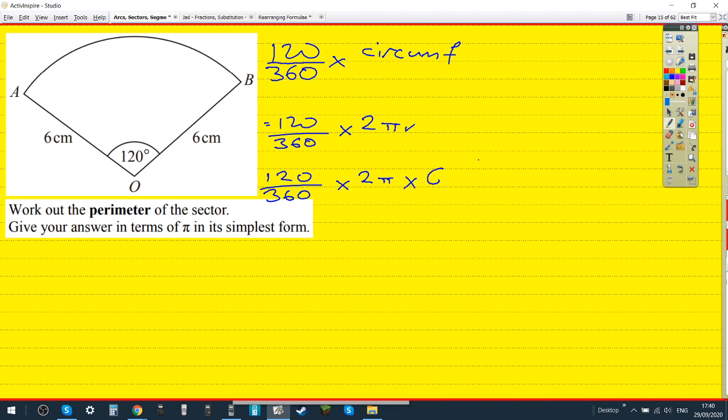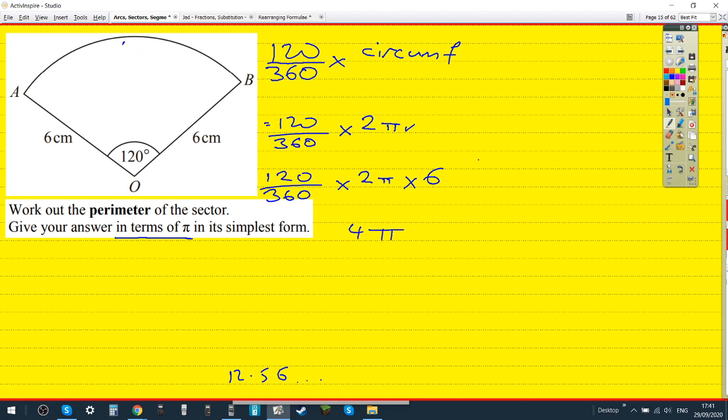Yep. And so, put that into your calculator, see what you get. Okay. I got 12.56. And what is that in terms of pi? 4 pi.